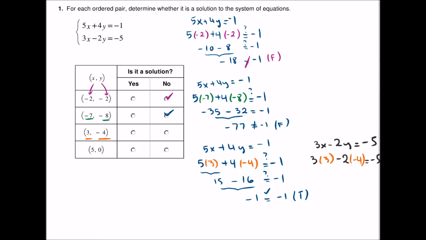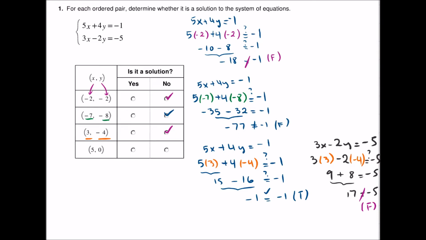Is that true? 3 times 3 is 9, -2 times -4 is +8, equal to -5. 9 plus 8 is 17, equal to -5. That is a false statement. So this one is also a no, it's not a solution. If this statement were true, this point would be a solution. Unfortunately, it's a false statement on the second equation.